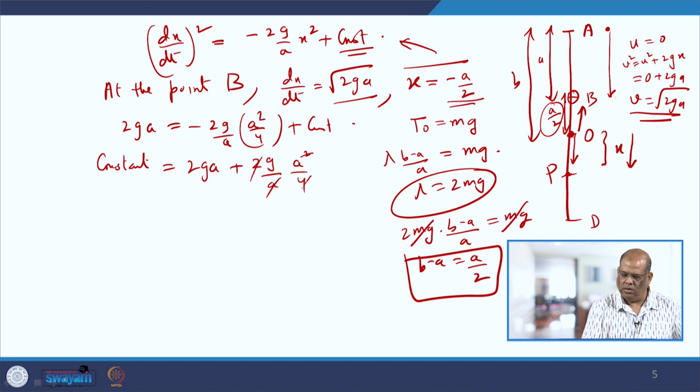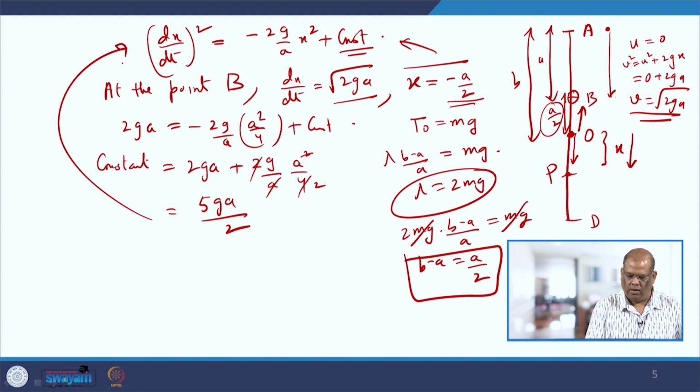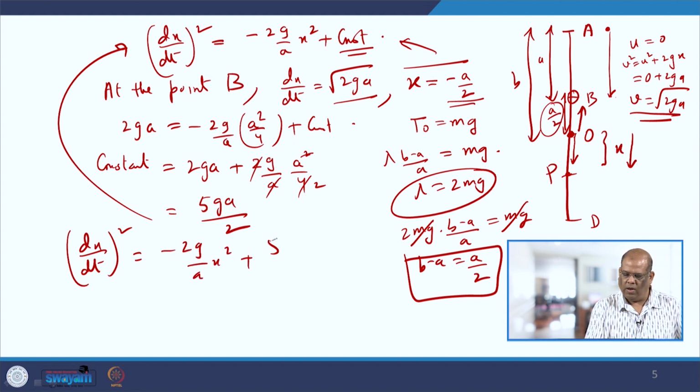This cancels, this cancels. So, ga by 2, so it is 5ga by 2, and we put it back here and I get dx/dt is equal to square root of minus 2g by a x square plus 5ga by 2.